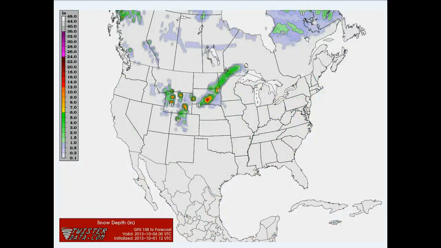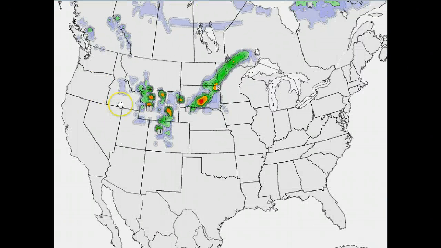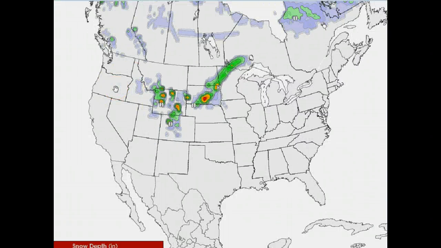Well, there's our snow depth prediction map for the GFS model as of 0Z Sunday. And you can see there's some significant snows out here through the Dakotas, back through parts of the Bitterroot Mountains and into the Tetons and such out in that region there. So, a tale of two seasons with this one storm.